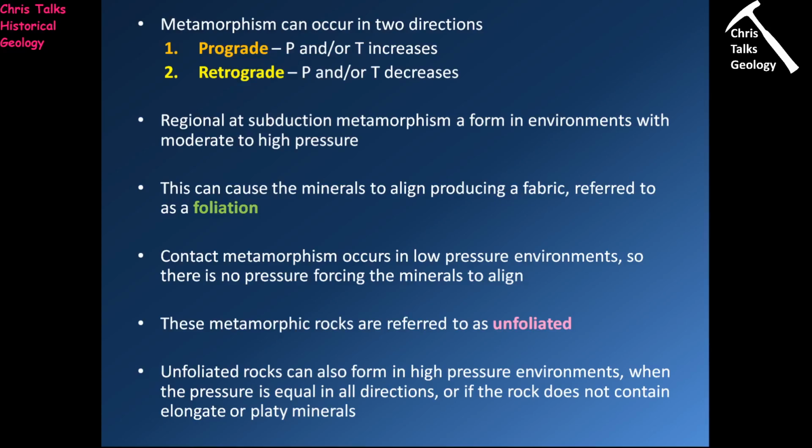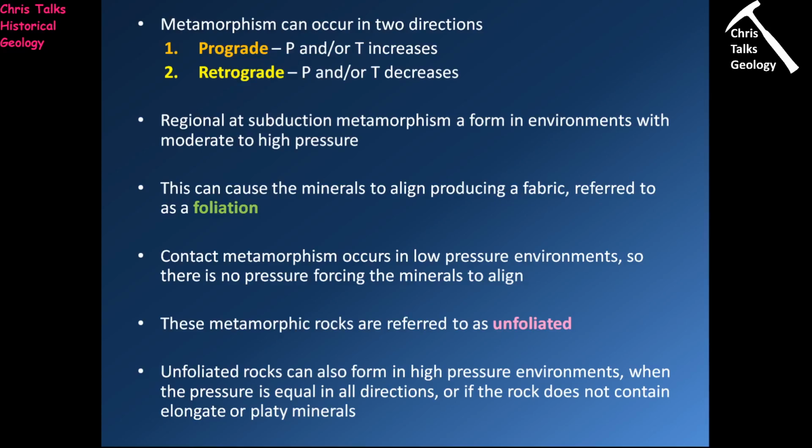Well, that means that the minerals which form during metamorphism are being exposed to that pressure, and they will preferentially align themselves at 90 degrees to the direction in which the rock is being compressed. So if I'm compressing my piece of rock north-south, the minerals are going to align themselves east-west.